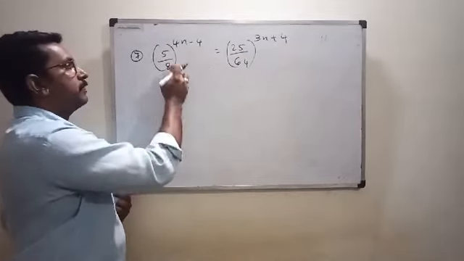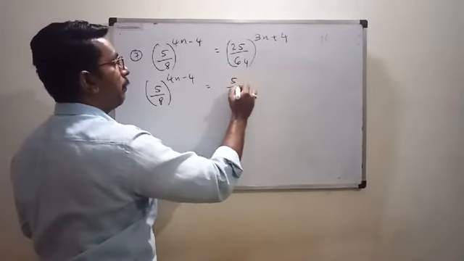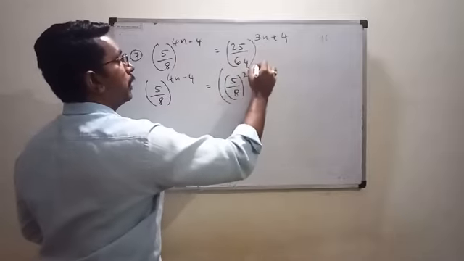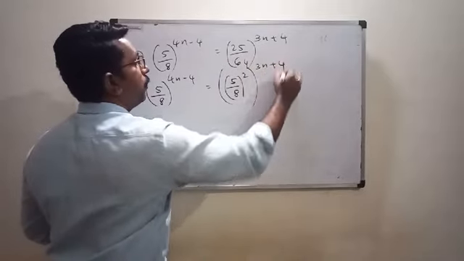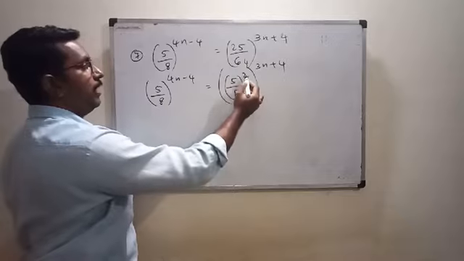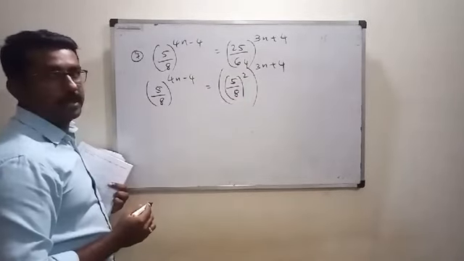So (5/8)^(4n-4) can be written as ((5/8)^2)^(3n+4). Look at this one: 5 squared is 25, 8 squared is 64, so 5 upon 8. We made the base same.